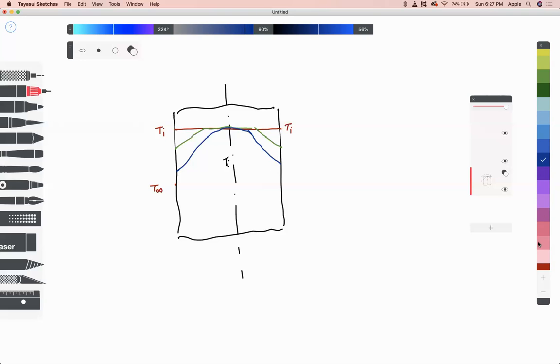And after a little bit more time has passed, we can see that the outside surface has reached T infinity, and the core has started to cool. Now it has dropped from Ti to a certain value.